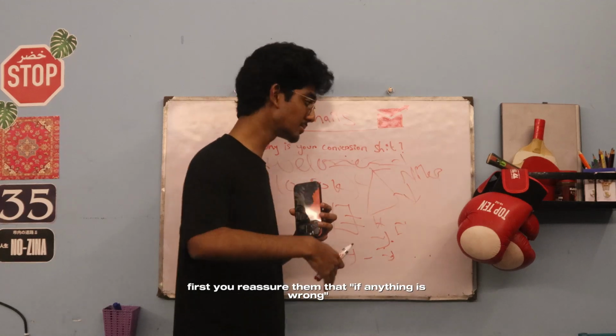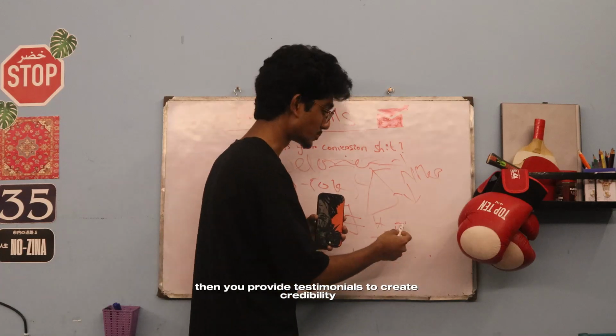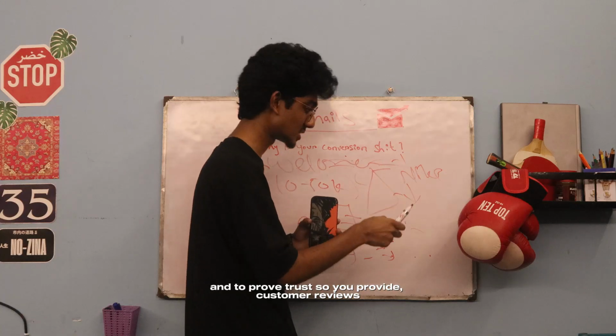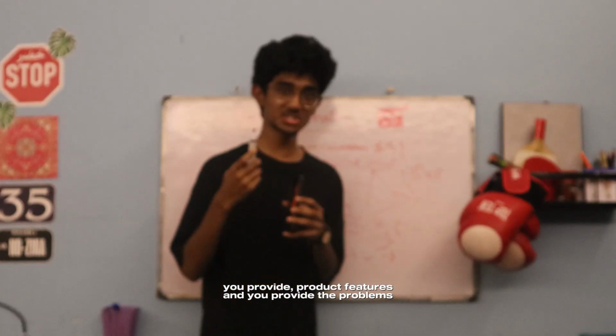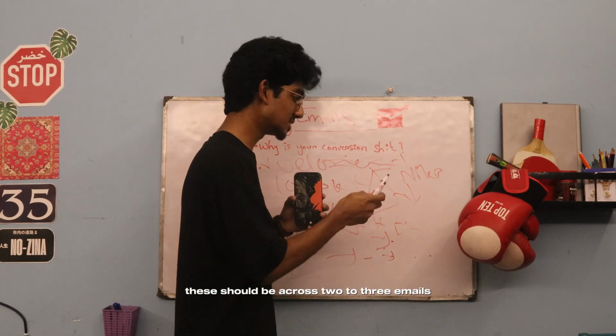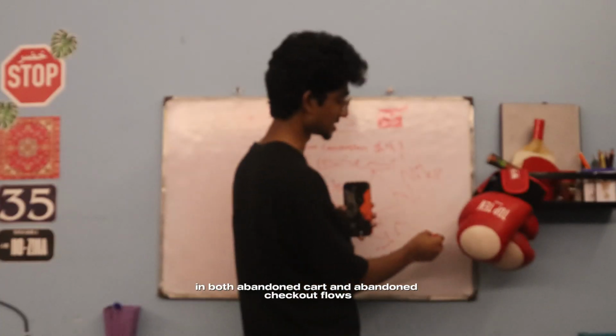First, you reassure them that if anything is wrong, we are here to help you out. Then you provide testimonials to create credibility and to prove trust. So you provide customer reviews, you provide product features, and you provide the problems that you solve with your product. These should be across 2 to 3 emails in both abandoned cart and abandoned checkout flows.